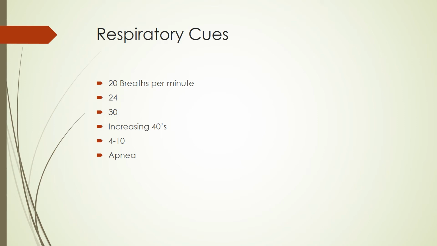And it may not be very long before the body goes to apnea. So when they've been 18 to 20 breaths per minute and all of a sudden they're at 24 or 30, we know we need to do something before they get down to 4 breaths per minute and go into respiratory arrest.